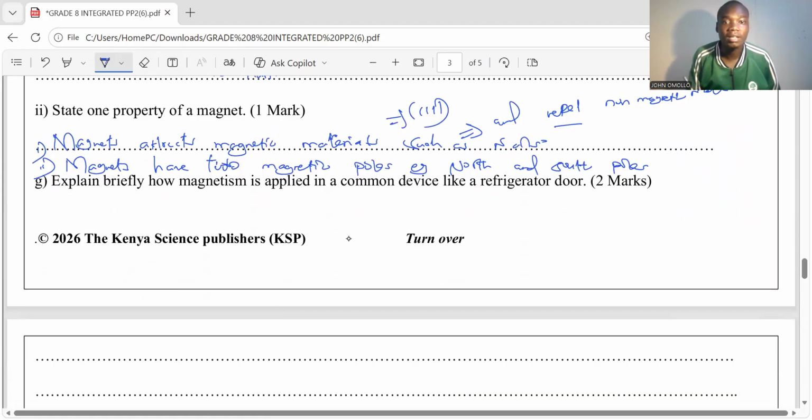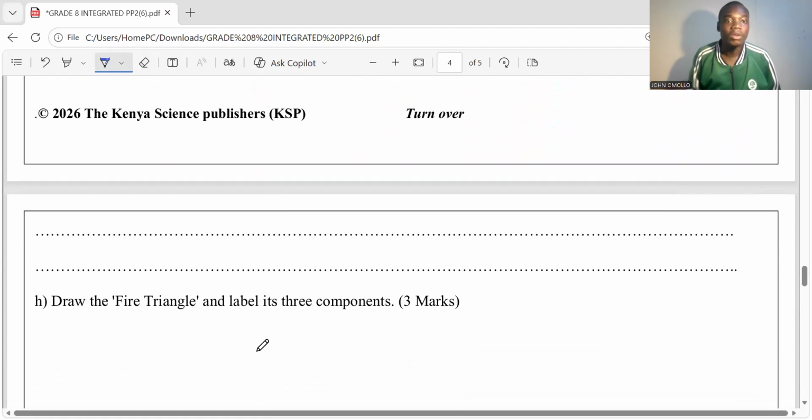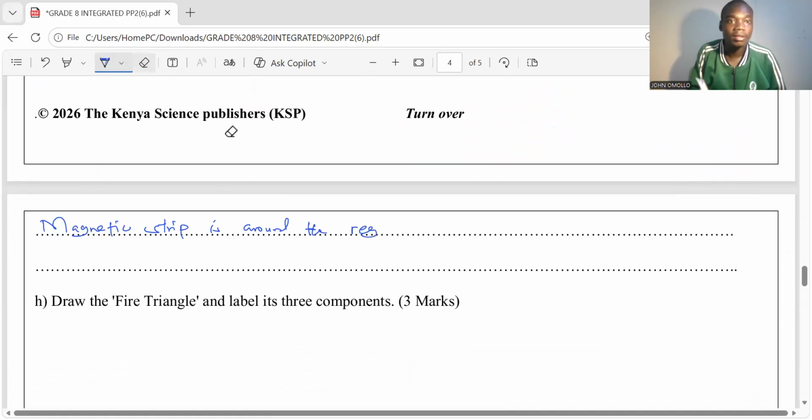Explain briefly how magnetism is applied in a common device like a refrigerator door. Now, we know that a refrigerator door, so I can begin by saying a magnetic strip is around the refrigerator door.